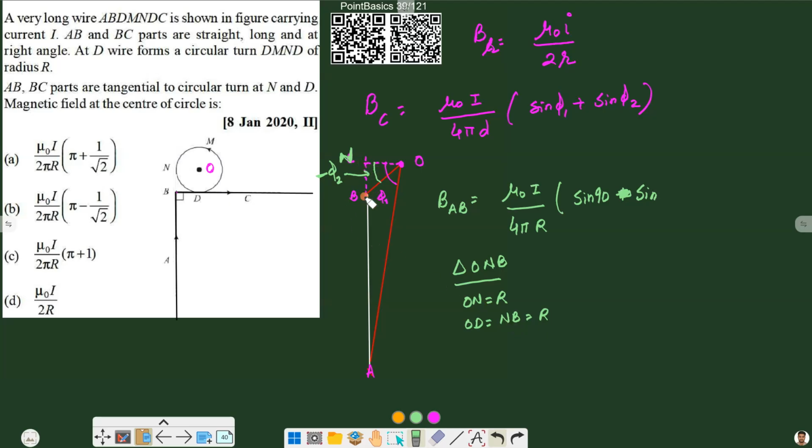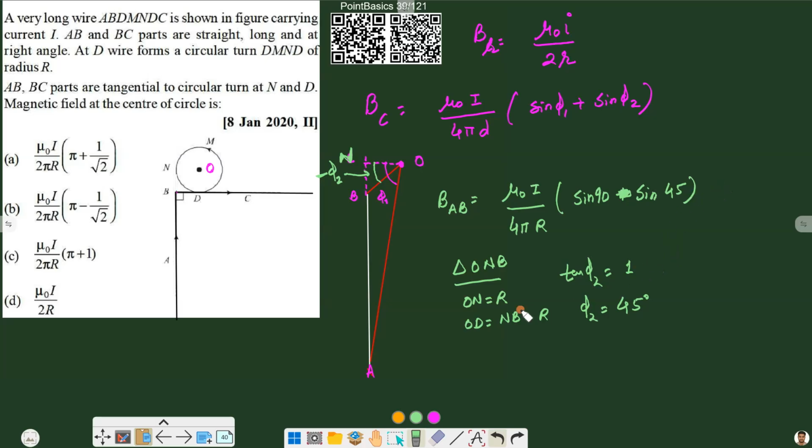So we have the value of NB, we have the value of ON, and using these two, we can write the tangent of phi 2. As this is the angle, it will be perpendicular by base, so NB by ON, R by R, that is 1, or we can say phi 2 is 45 degrees. So here we will get negative sine of 45 degrees.